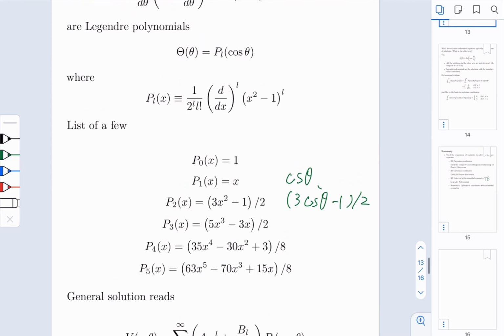If you take a look at your basis over here, you can see that these bases are actually simple enough. Say that in the problem, you find that your boundary condition that you want to match is 1 plus cosine theta. Then, in principle, you have to do this integral.